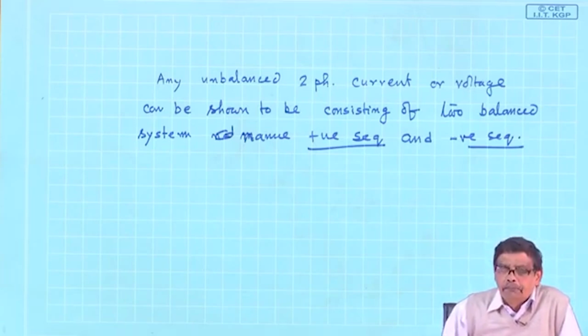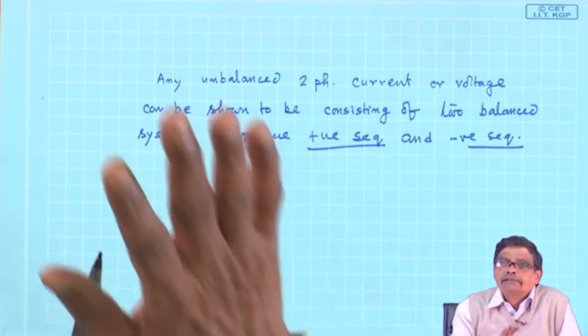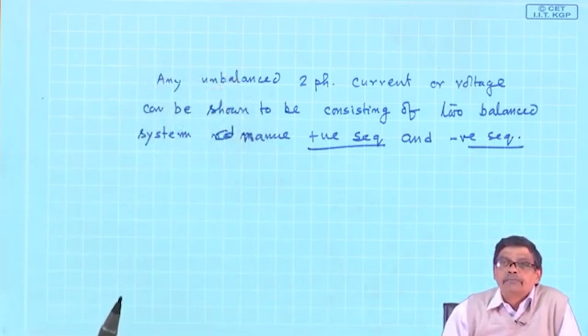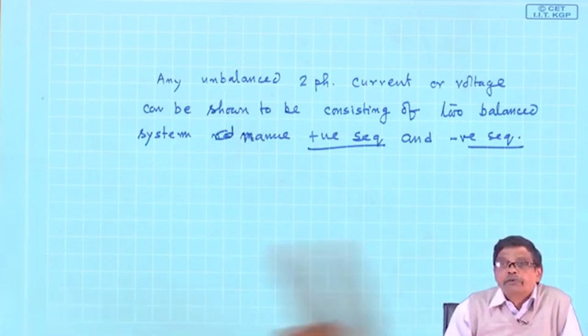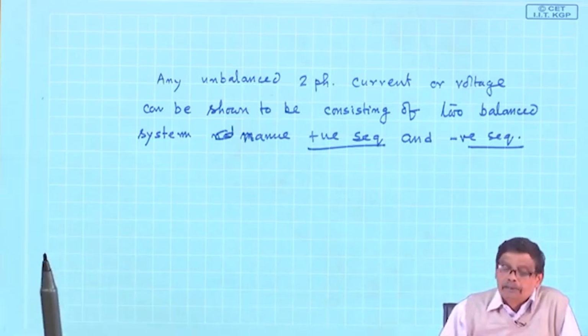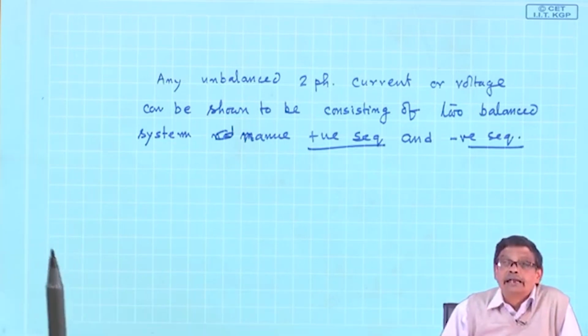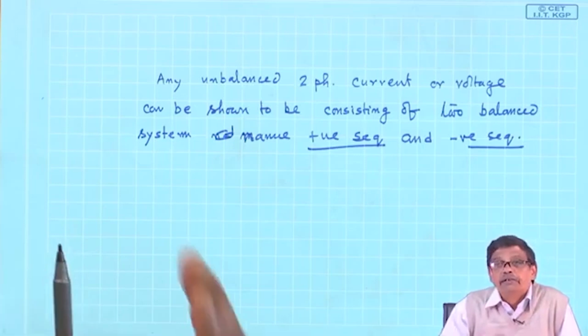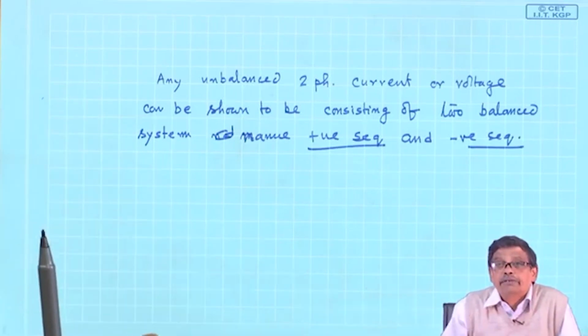I will break it up into a balanced three phase positive sequence system and find out the currents for that, which is easy to find out. I will apply the balanced negative sequence. Negative sequence means if it is ABC sequence, that will be ACB sequence.